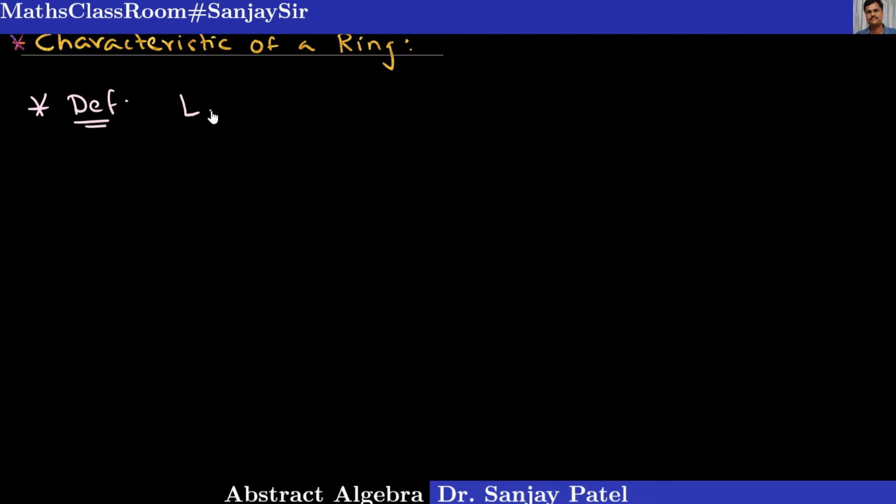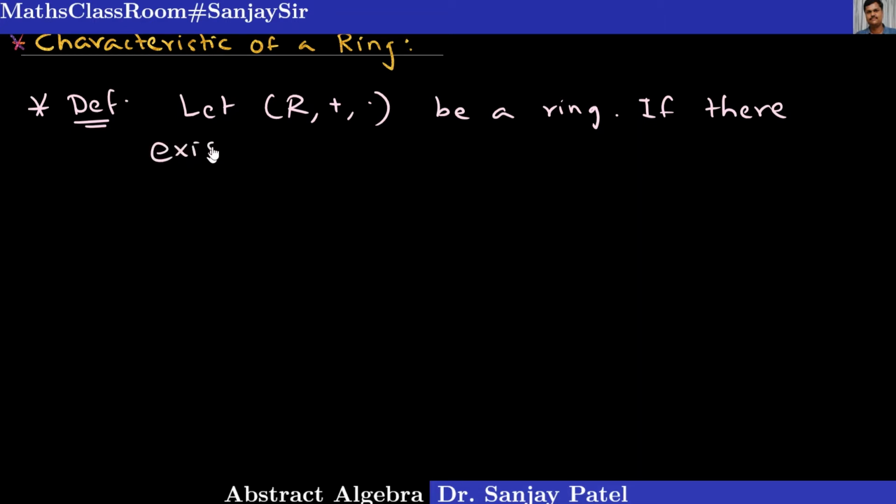So let R, plus, dot be a ring, and if there exists a smallest positive integer, remember that there may or may not exist.